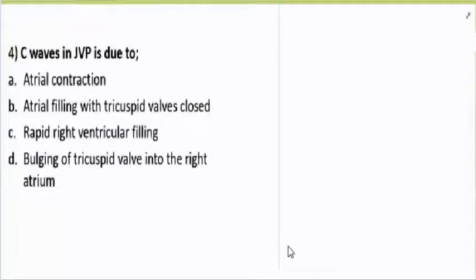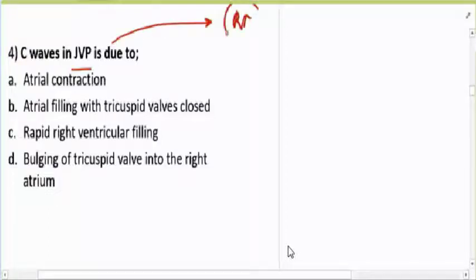This says that C waves in JVP is due to. You know that the JVP is seen on the right side. This is because the right internal jugular vein is in direct communication with the right atrium.